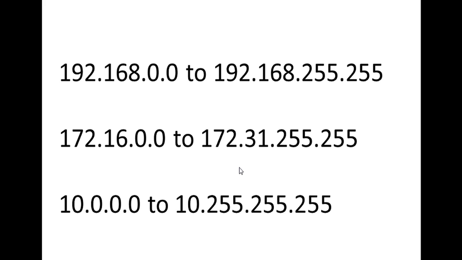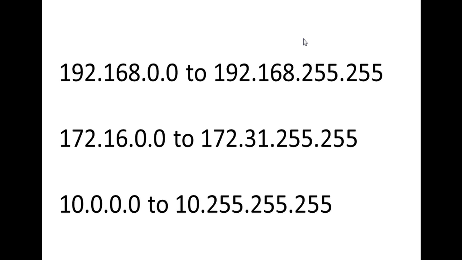Every IP address in one of these 3 ranges would be considered a private IP address. Private IP addresses are only for communications inside the local area network and are non-routable outside the network.